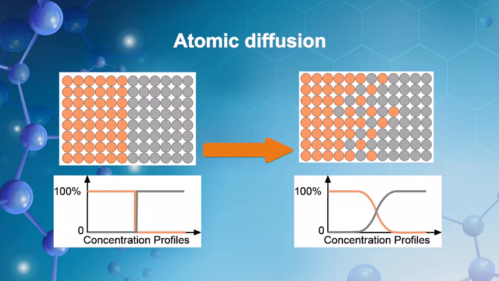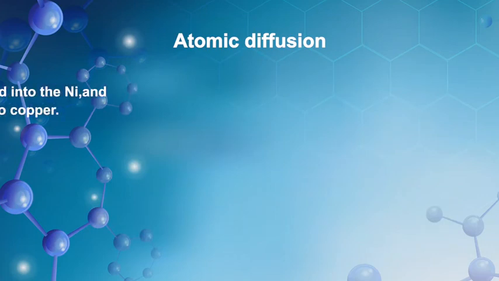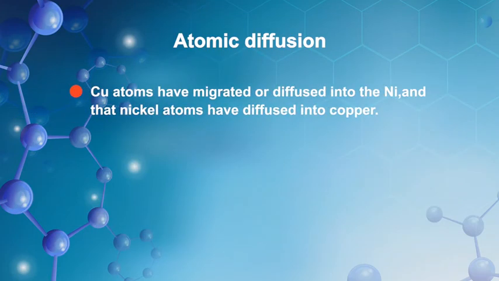It can be seen that both pure copper and nickel only exist at the two extremes of the pair. This result indicates that copper atoms have migrated or diffused into nickel and that nickel atoms have diffused into copper.